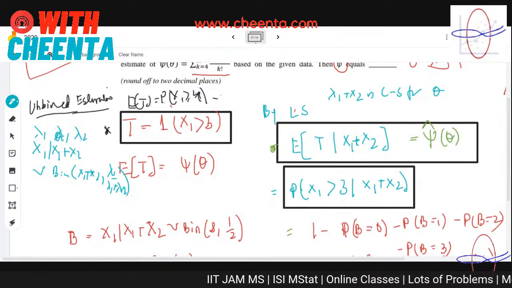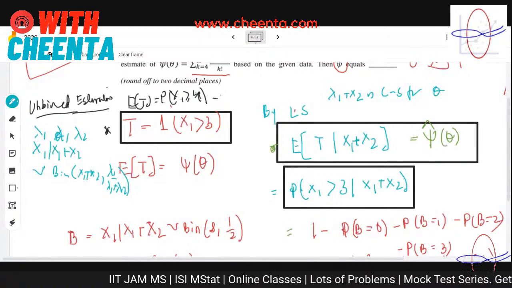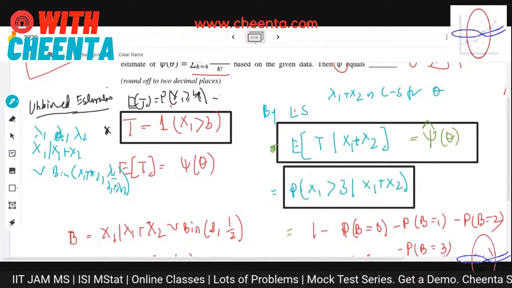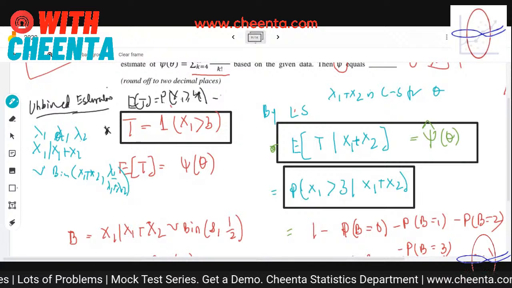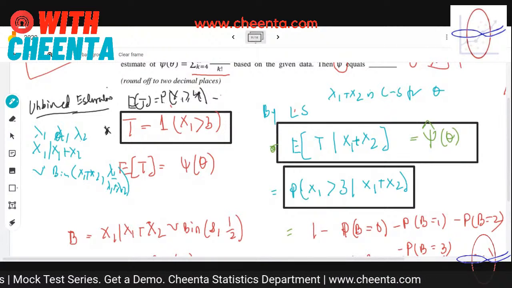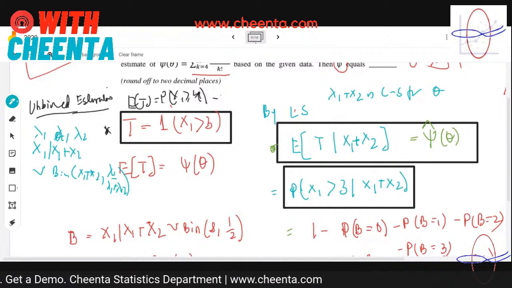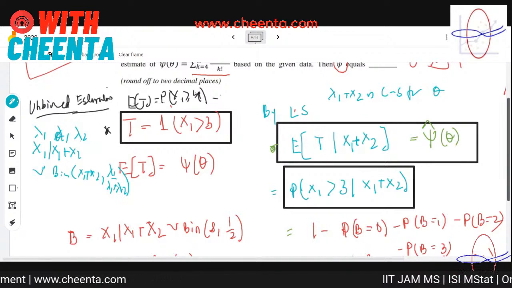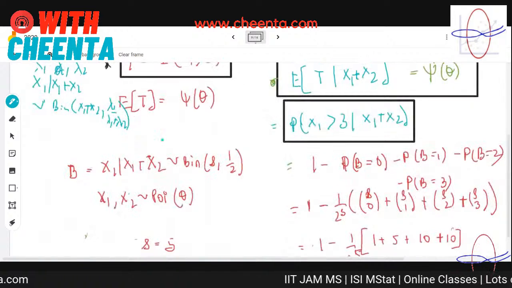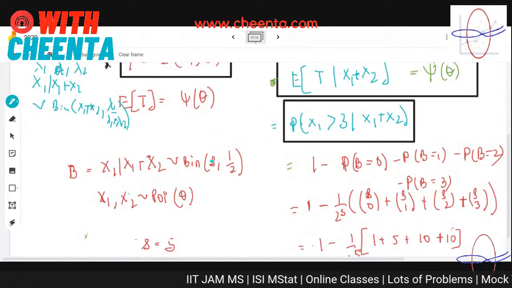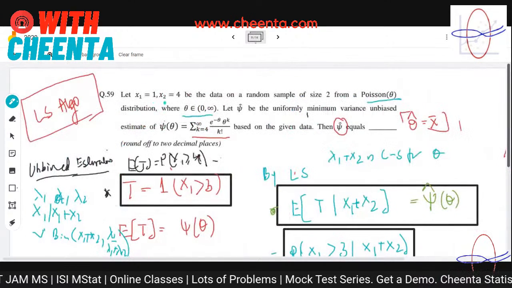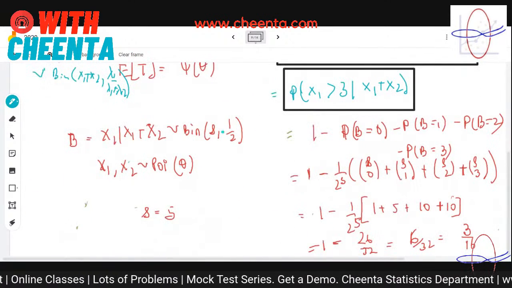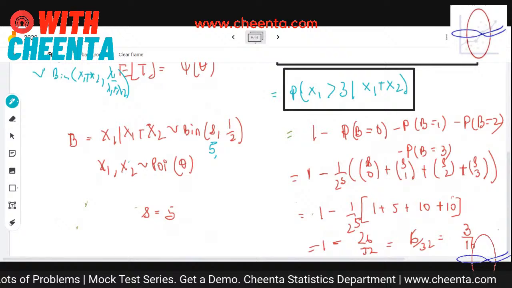The two events are occurring with lambda 1 and lambda 2 proportions, so X1 given the sum follows a binomial random variable with X1 plus X2 trials. Since here lambda 1 and lambda 2 are both theta, it follows binomial with X1 plus X2 comma half. You observe that X1 plus X2 is 5, so it follows binomial 5 comma half.